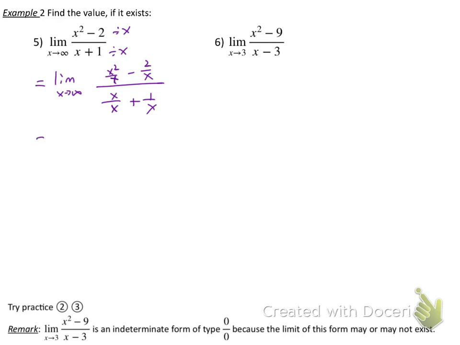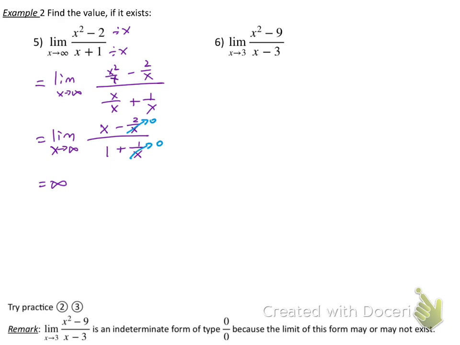I think that's clearer. So the numerator turned out to be x minus 2 over x. The denominator turned out to be 1 plus 1 over x. And as x approaches infinity, 2 over x is 0, 1 over x is 0. So you end up with x over 1, infinity over 1. So that's infinity. The limit will be infinity.